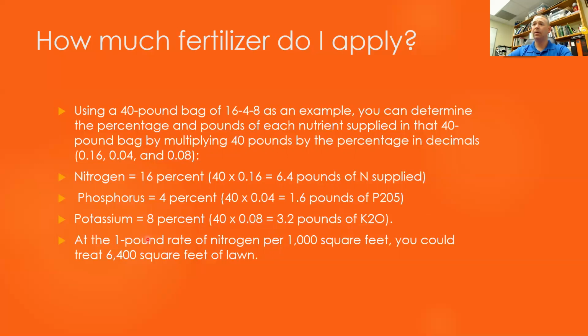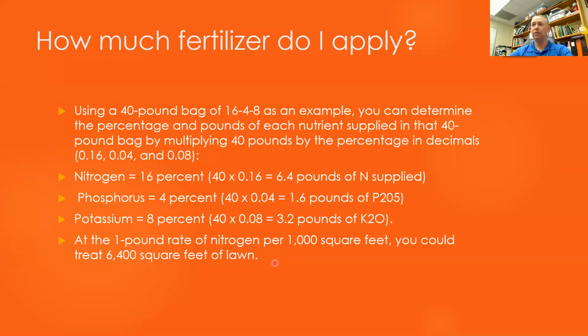If you did 1 pound of nitrogen per 1,000 square feet at this rate with this fertilizer, you could treat 6,400 square feet of lawn. So if you have roughly 5,000 square feet of lawn that you're covering, you can go buy one 40-pound bag of this fertilizer, and we'll say that your front and your backyards are relatively the same size.